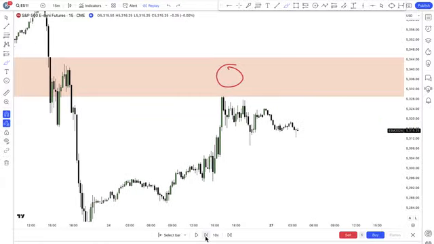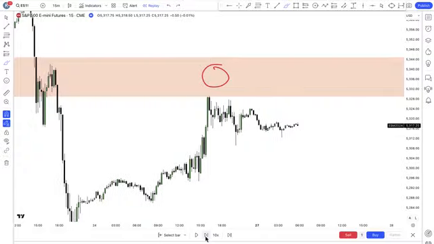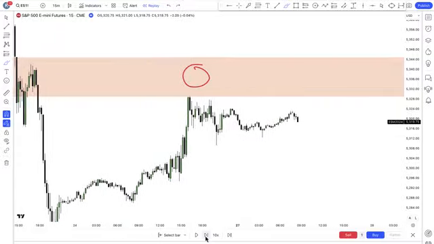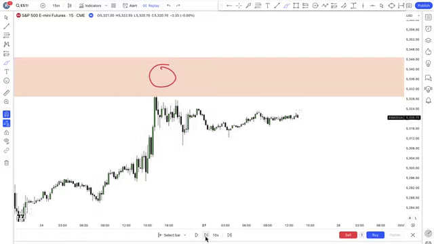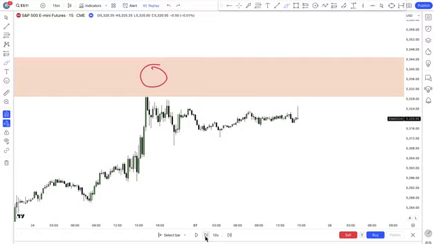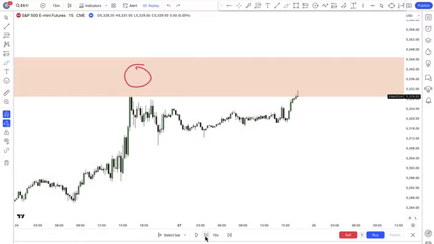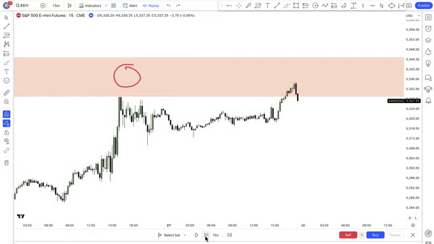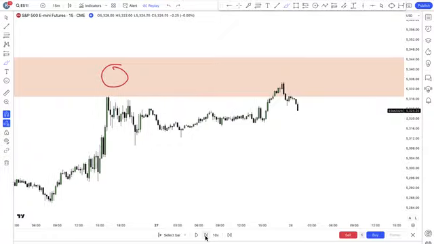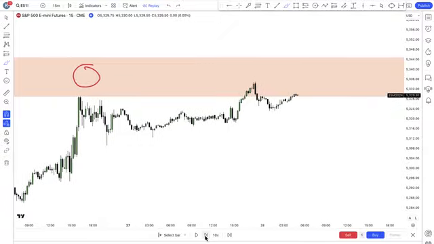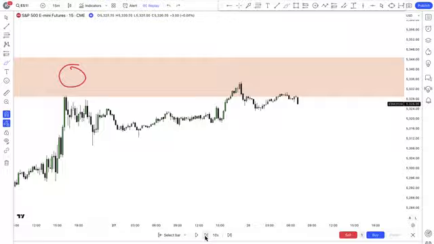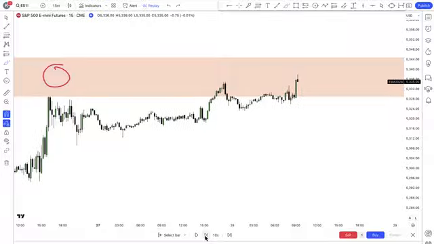Here comes the price movement to my point of interest. If you want me to take this sell, I want you to go to my point of interest. Yes. Now price is inside my point of interest. If I see a shift in structure which is valid, I will take the sell.